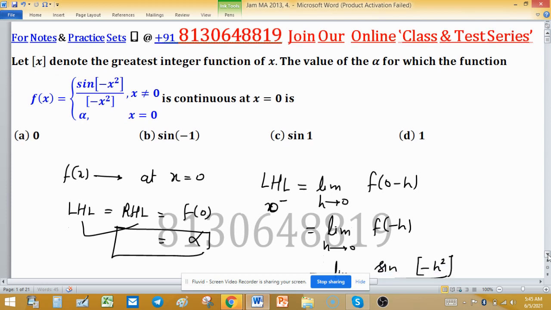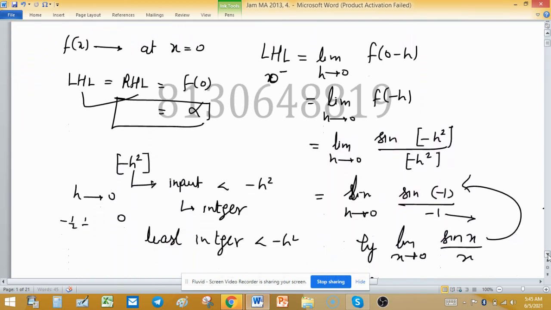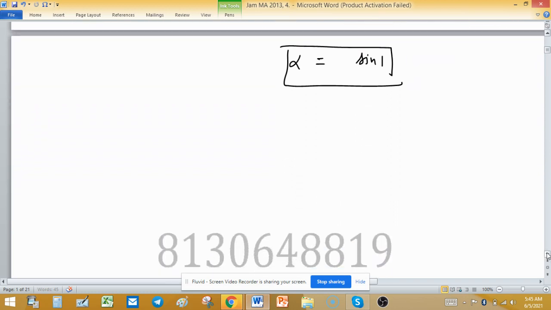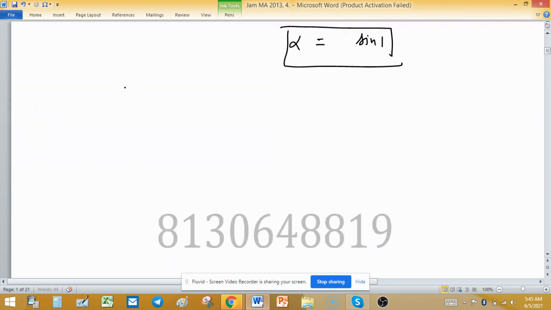Now I'm telling you how to find the right hand limit also, because our aim is not just to find the solution of this particular problem, but how to find the right hand limit at 0. So we are approaching from the right hand side.